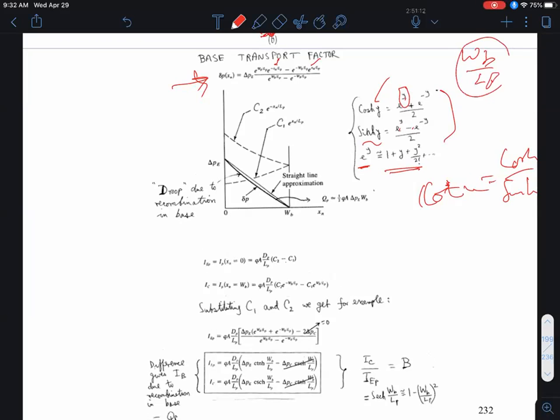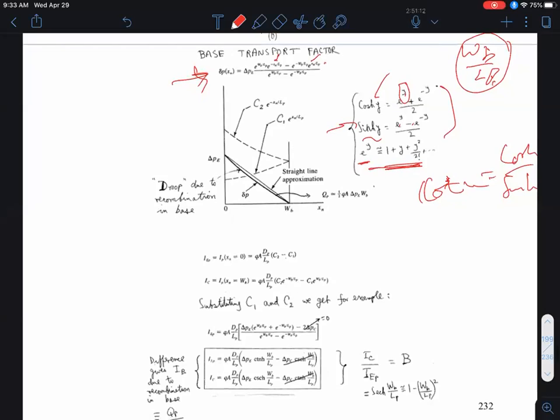And that has to be a small number because I need a narrow base compared to the diffusion length. Otherwise, I don't get a high performance BJT. So these exponentials will have an exponent y, which is WB over LP, which has to be a small number for the BJT to work properly. And therefore, in many cases, you can simplify these hyperbolic functions by using Taylor series expansion and so forth.